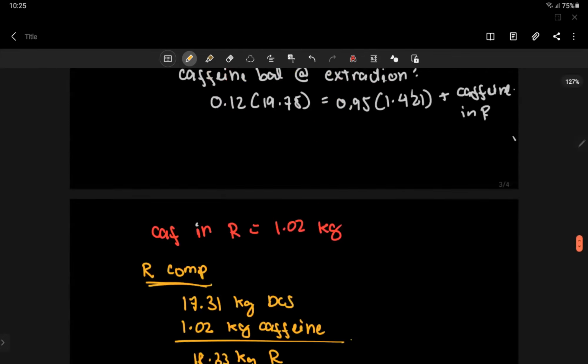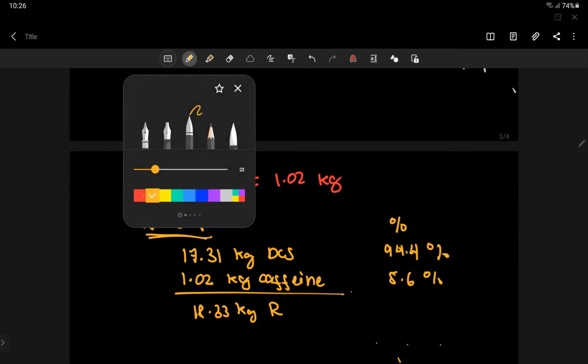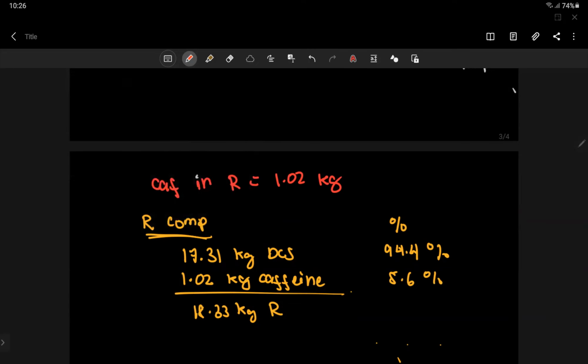Okay? So how about the percent of each? So 17.31 divided by 18.33, that's 94.4%. And yung 1.02 divided by 18.33, or maybe 100% minus 94.44, yun yung natitira. 5.6% naman yung caffeine. So therefore, this is now the final answer. Okay? This is now the composition of your recycle stream.